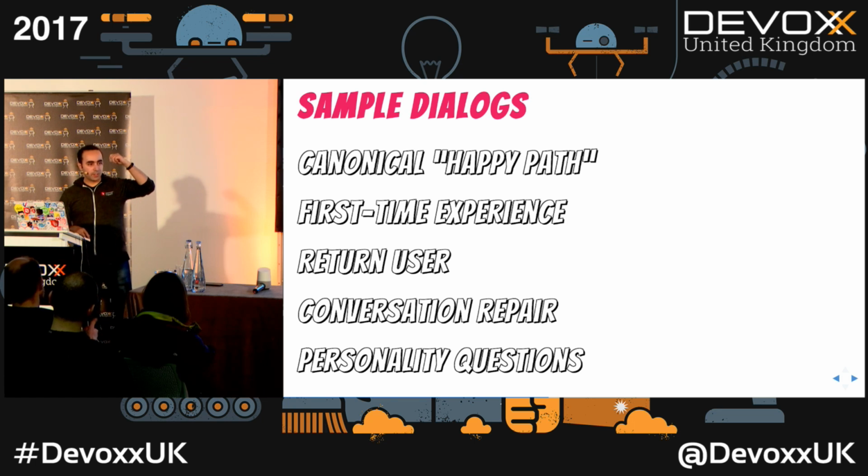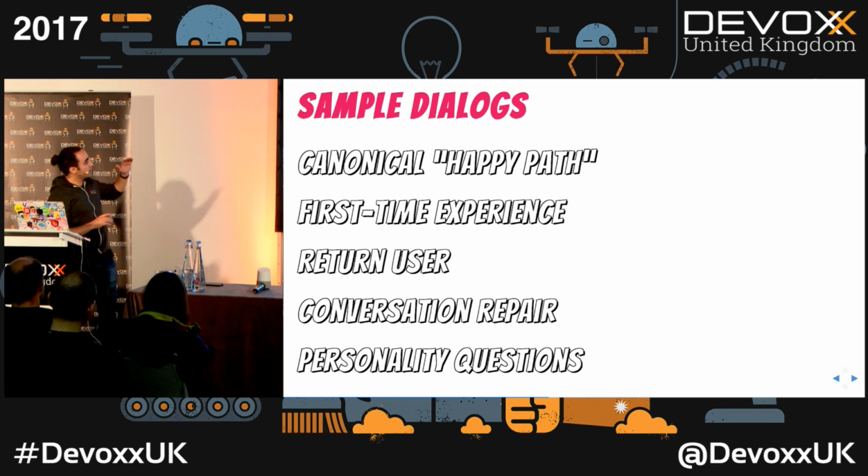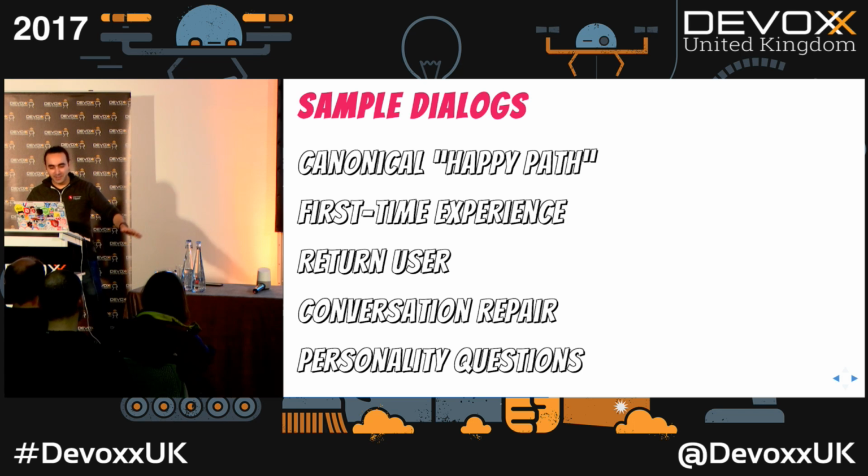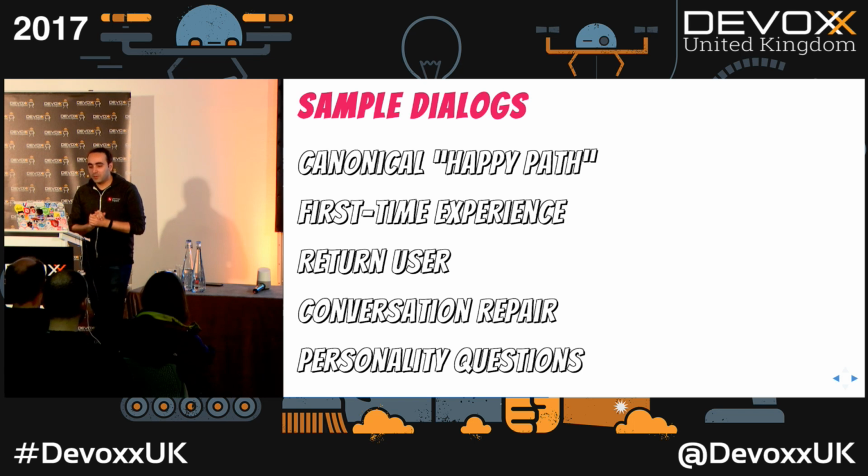Okay, I need my bot to say this when I ask this question, and so on and so forth. And for that, always start by what we call the happiest path, when everything goes well, not like my demo here.